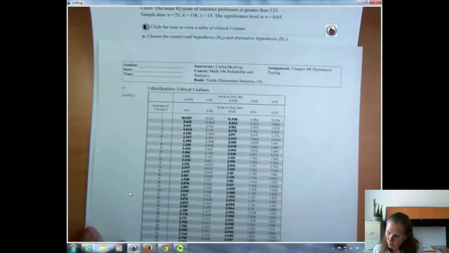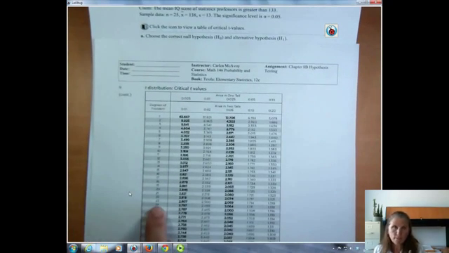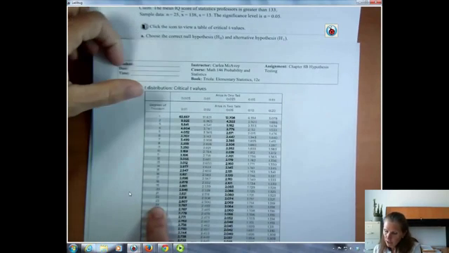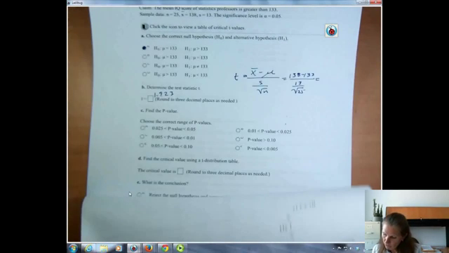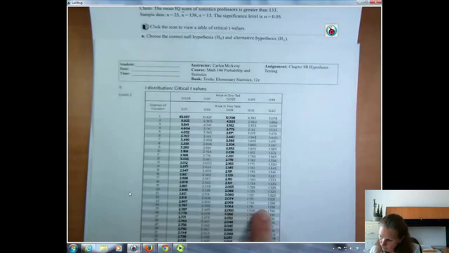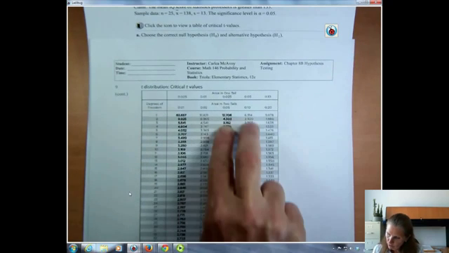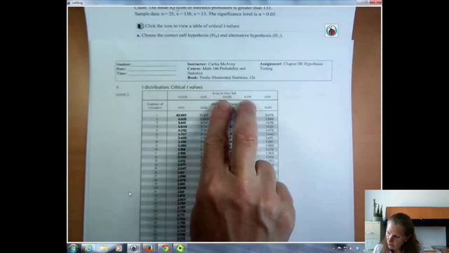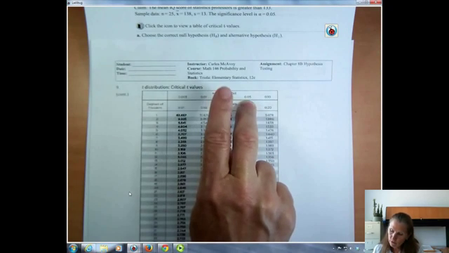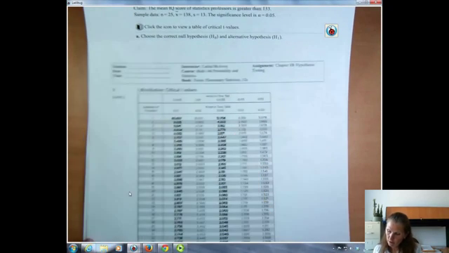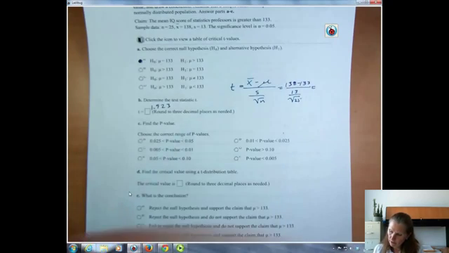Okay, so 24 is our degrees of freedom, and our t was 1.923. 1.923 is in between these two numbers. And so I just zip up, I'm talking about one tail, so I just zip up to one tail, and I'm in here between 0.025 and 0.05.